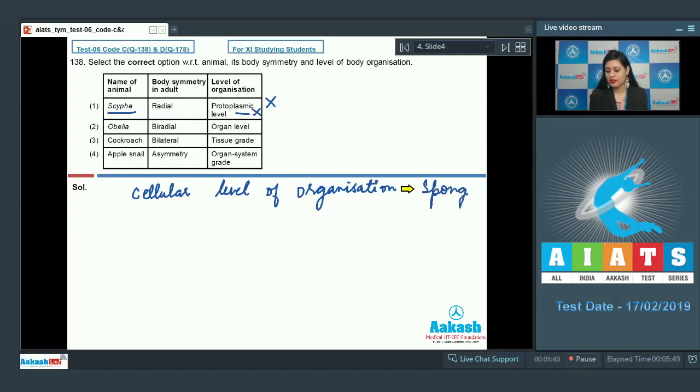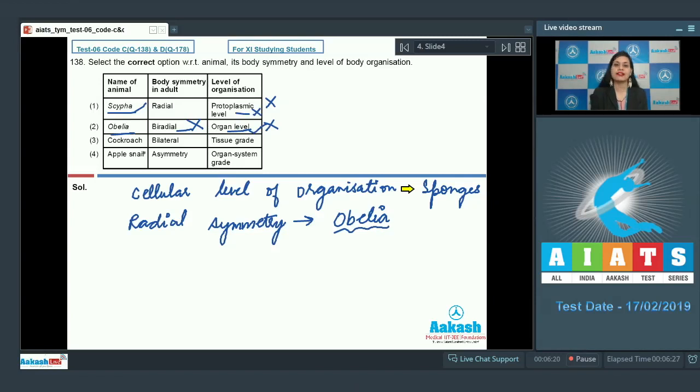Sponges such as Sycon. Next match given is Obelia, body symmetry biradial and organ level of organization. And this is an incorrect option because Obelia, which belongs to the phylum Coelenterata, exhibits radial symmetry and tissue grade organization and not biradial symmetry, and the level of organization is not organ level.